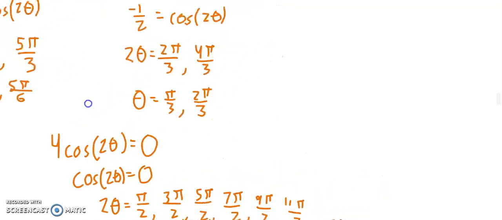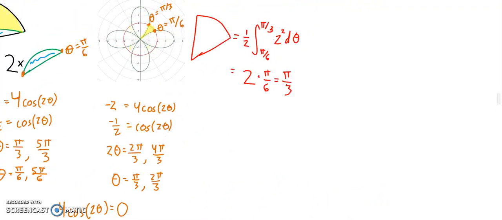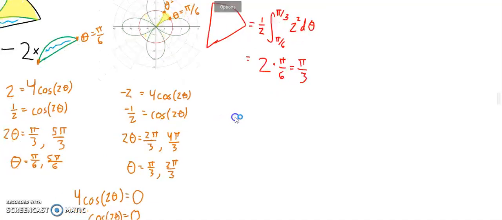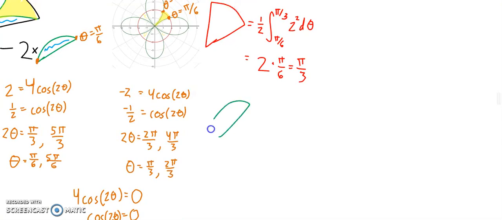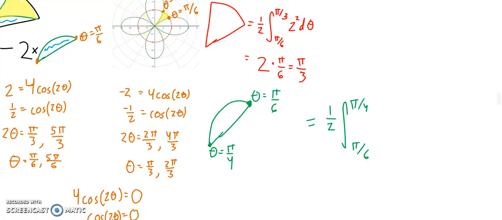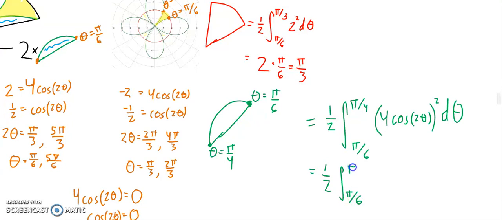So I can then say that the area of this piece that starts at theta equals pi over 6 and ends at theta equals pi over 4 is going to be 1/2 the integral from pi over 6 to pi over 4 of r squared, being 4 cosine of 2 theta squared d theta.